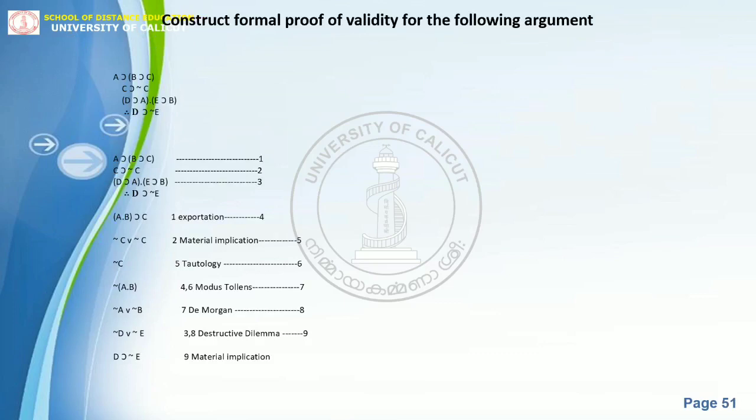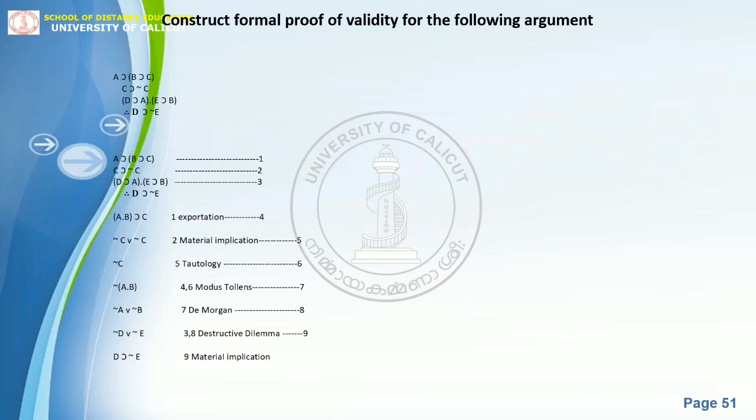Now coming to working out a formal proof of validity which carries both the rules of inference and the rules of replacement. So first of all, we have to go through the premises.